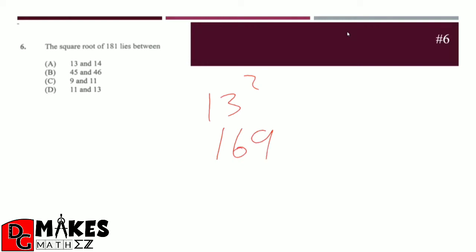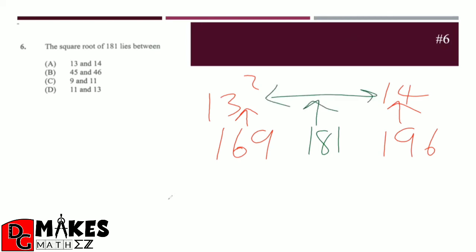So the square root of 169 would have been 13. The square root of 196 would have been 14, and we also know that the 181 that we are being asked to find the square root of falls somewhere between 169 and 196. So obviously the square root of 181 would fall between 13 and 14.